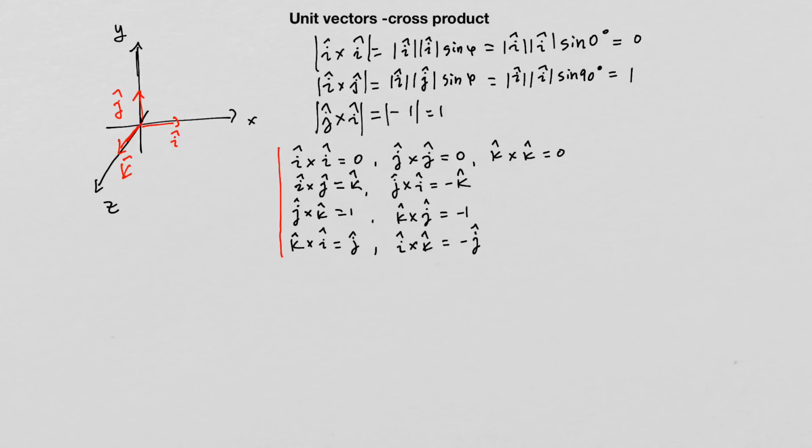Similarly, when I do the product of j hat and k hat, the fingers of my right hand point along the j hat direction, then I sweep towards the k hat direction, and the thumb of my right hand points in the i hat direction. So j hat cross k hat is equal to i hat. And when I flip the positions, k hat cross j hat is equal to minus i hat. And finally, k hat cross i hat is equal to j hat as shown, and i hat cross k hat is equal to minus j hat as shown.